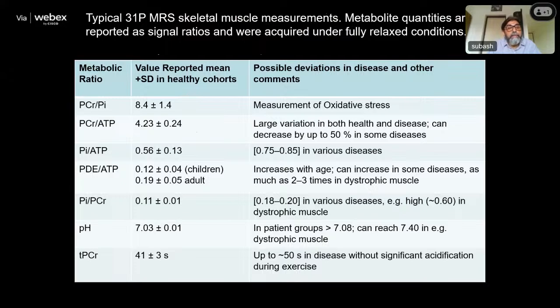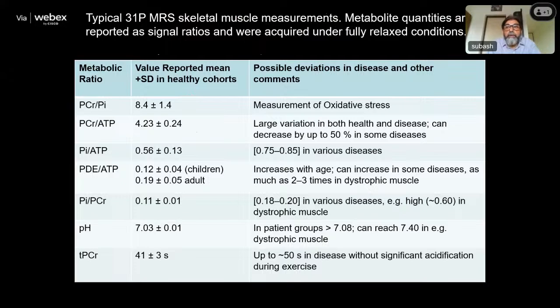Similar is Pi/PCr. These are all parameters which we measure when we evaluate muscle function. And then there's the pH value. As I told you, you can measure the pH by measuring the shift of the Pi peak from PCr when the muscle is working hard and when there's acidosis happening.